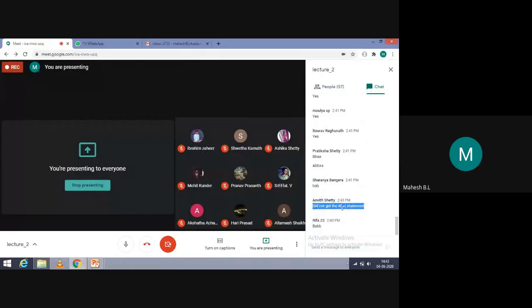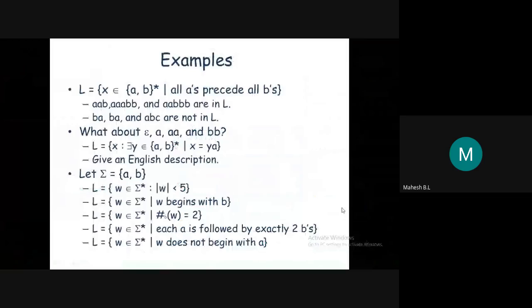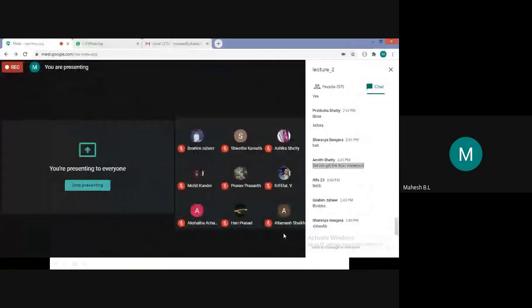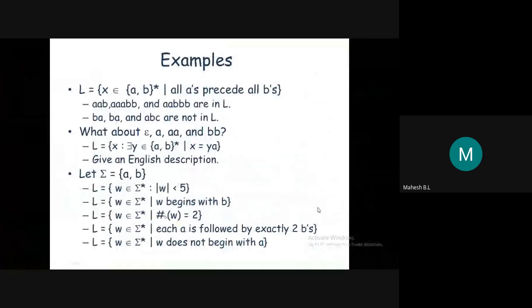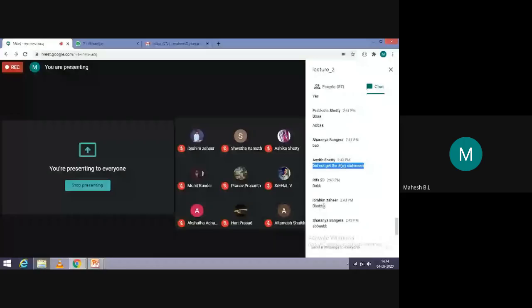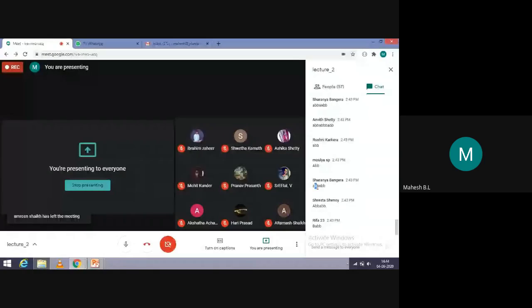Now, concentrate on this example. L is equal to W belongs to sigma star, each A is followed by exactly two B's. Give some examples for this. Ibrahim has understood in the other way. See this example, A followed by two B's, A followed by two B's.